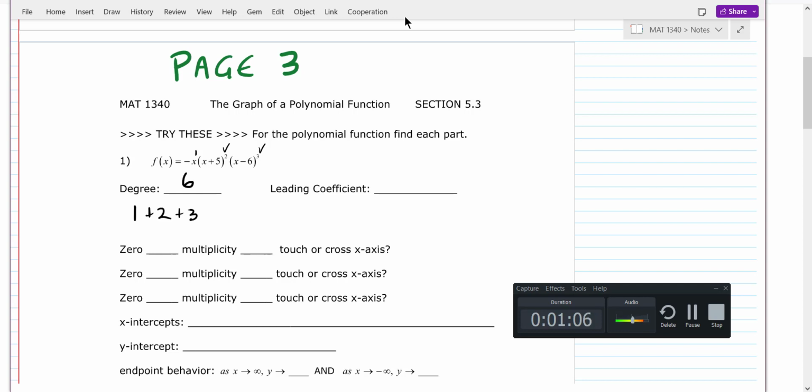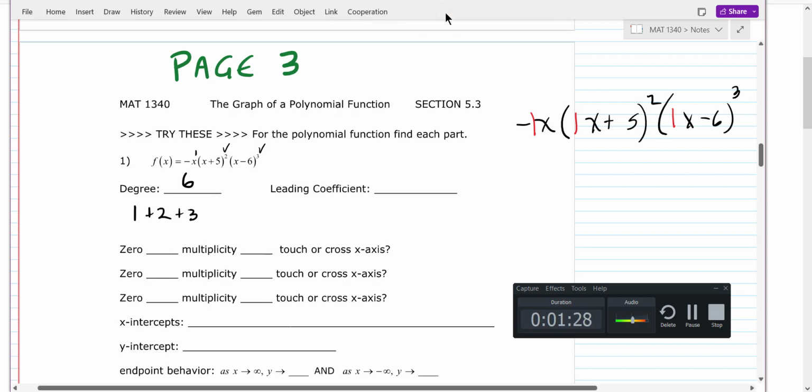Okay, so now for the leading coefficient, we talked about this last class. Watch this real carefully. So this will go like this. We've got -1 as an important number. Everything that's in front of x is very important when you find a leading coefficient. So I'm going to take the coefficients I'm highlighting.